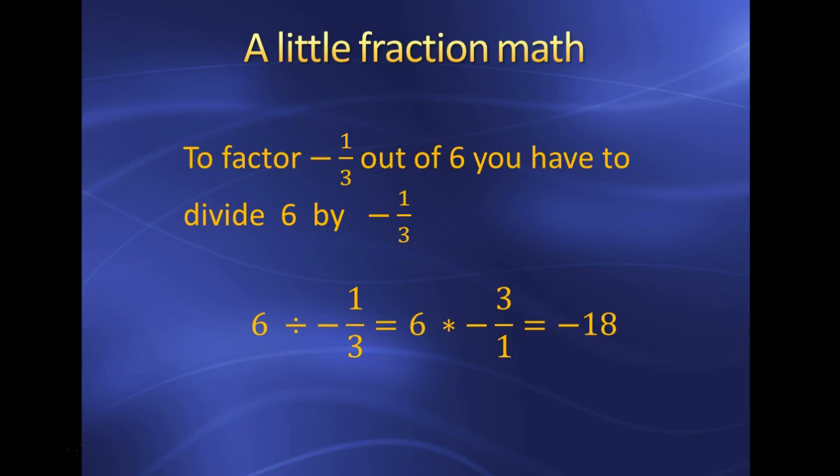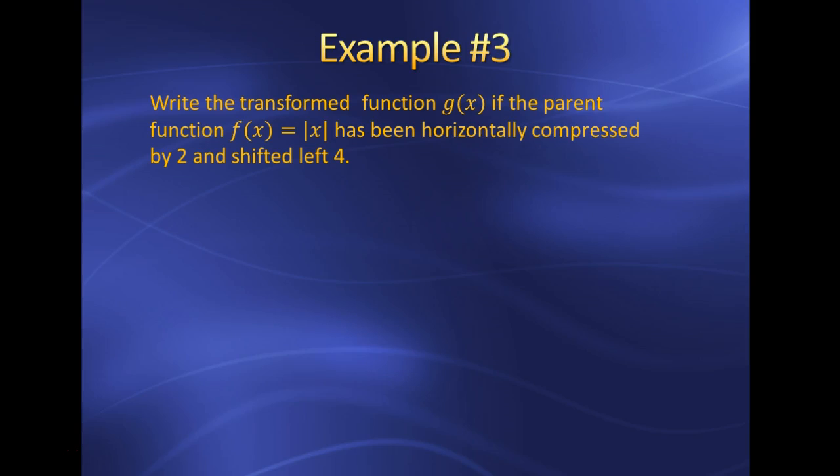We keep the first term, the 6. We change the division to multiplication, and we flip the fraction. So that becomes negative 3/1. 6 times negative 3 is negative 18. That's how we got there.